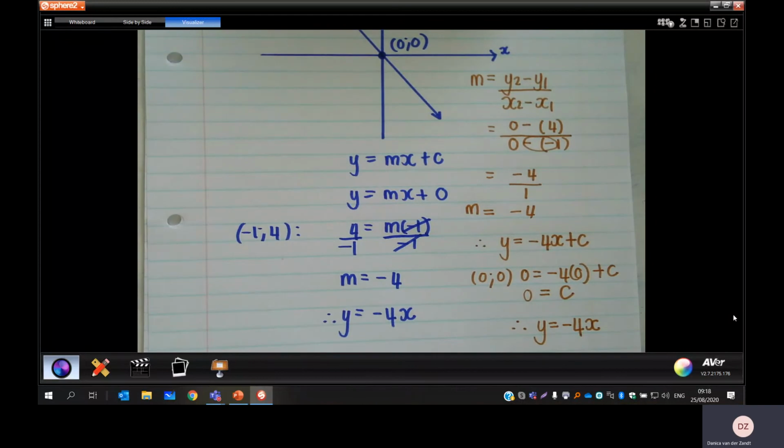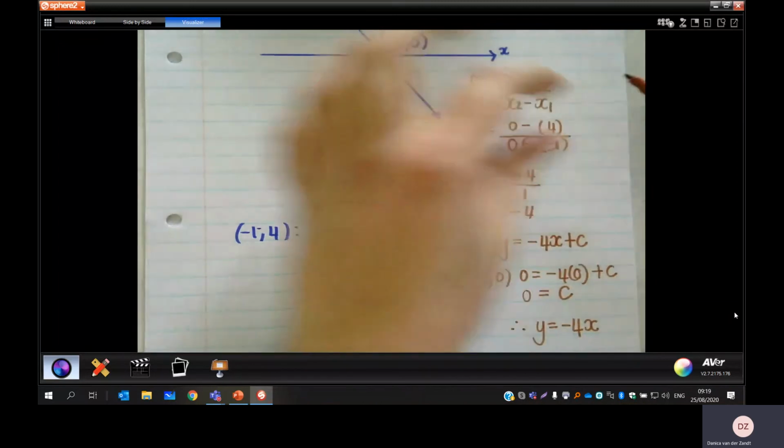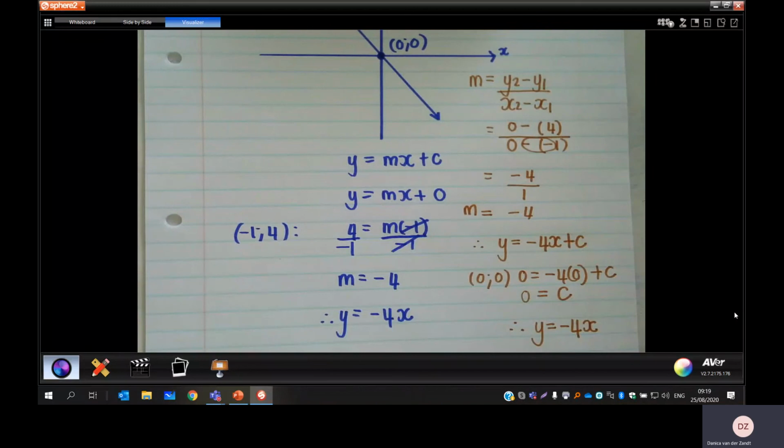Hannah. Ma'am, you see where you said, so you start off with your equation and it said equals 0 minus and then brackets 4. Doesn't matter if you say 4 minus 0, because how do you know which? It does not matter. As long as those two take the whole thing, shift it to the front. So it'll be 4 minus 0, which is +4, and then you'll have -1 minus 0, which is -1. 4 divided by -1 is still -4.